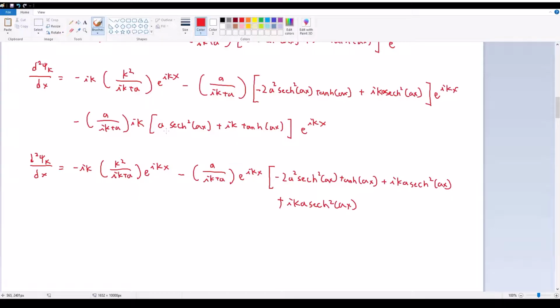So plus ika hyperbolic secant squared ax, and then this is going to be minus, because the ik multiplies with the ik to make a minus k squared hyperbolic tangent of ax.